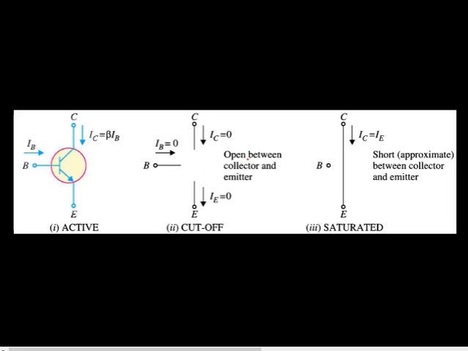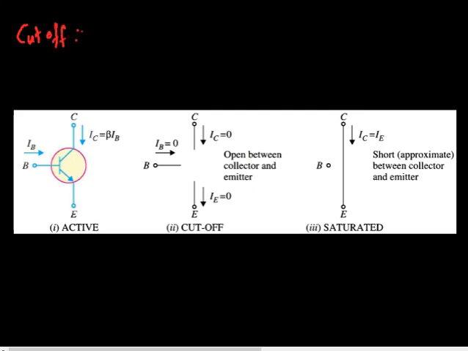When the emitter diode is forward biased and the collector diode is reverse biased, the circuit will be in the active region. So let's rewrite this condition for cutoff here.